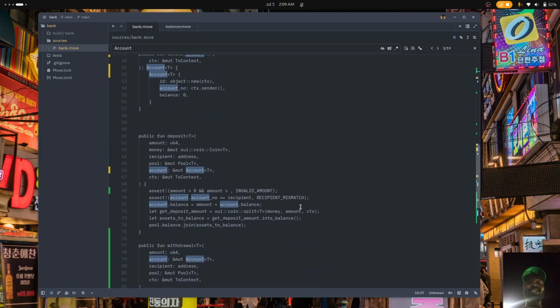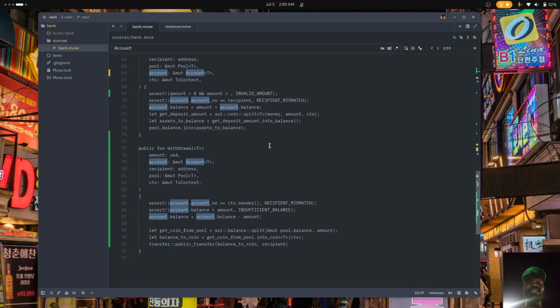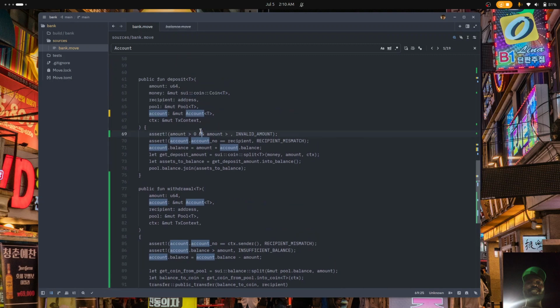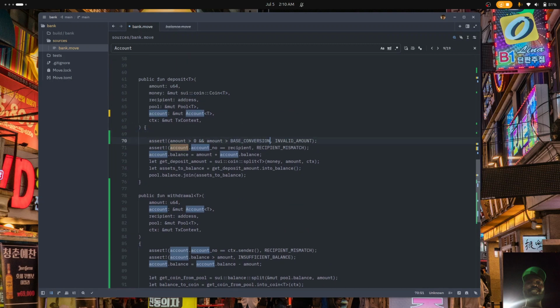So how do I write out the one sui here? Very simple. So this is one sui.